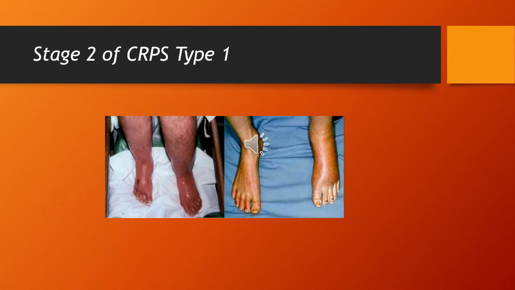Now looking at some pictures so that can help us understand more clearly. As you can see, stage 2, you do have the purple looking skin, the mottling of the skin a bit. You see how shiny it is on the left and the right. You see hyperhidrosis, you see excessive sweating there.